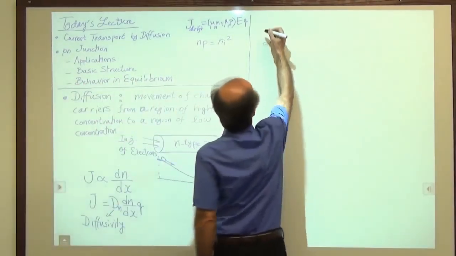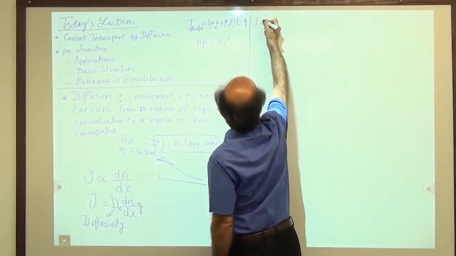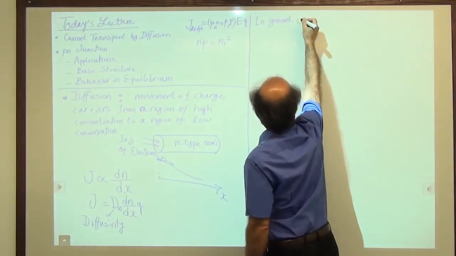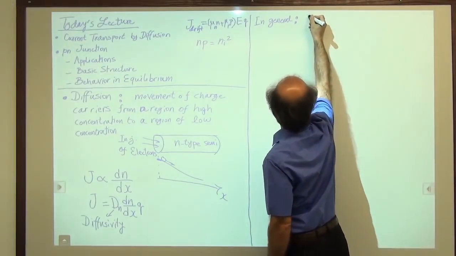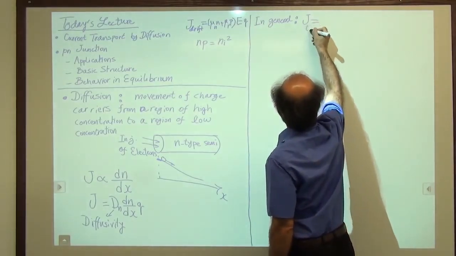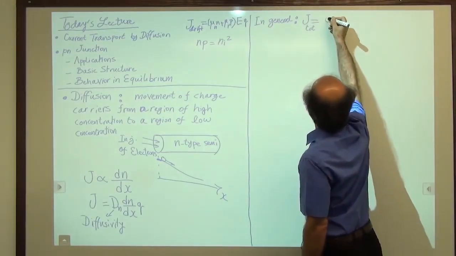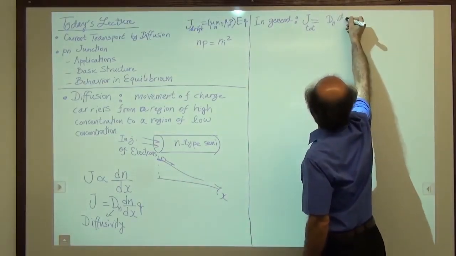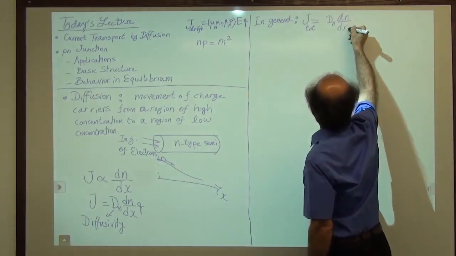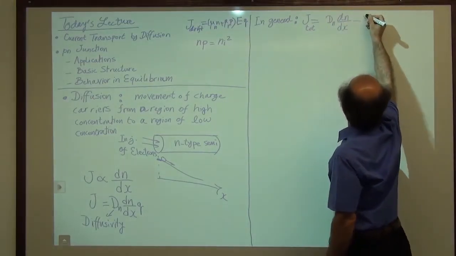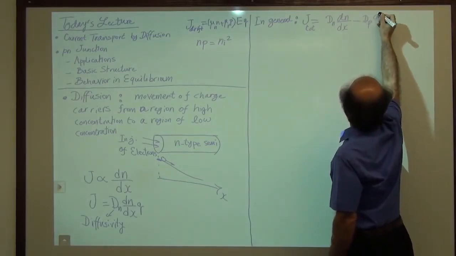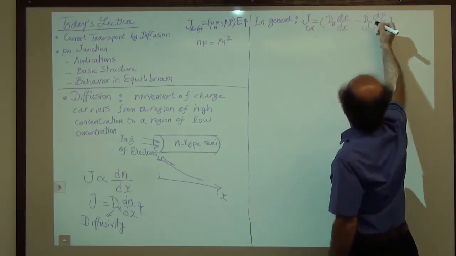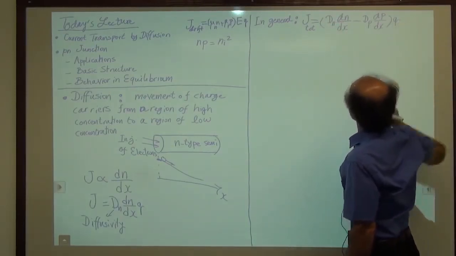So in general, if we have both electron concentration gradients and hole concentration gradients, the total current density is given by, starting from electrons, we write D sub n times the derivative of n with respect to x, minus D sub p times the derivative of p with respect to x, and then the whole thing multiplied by the electron charge.